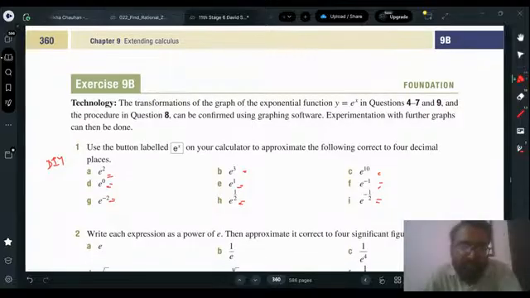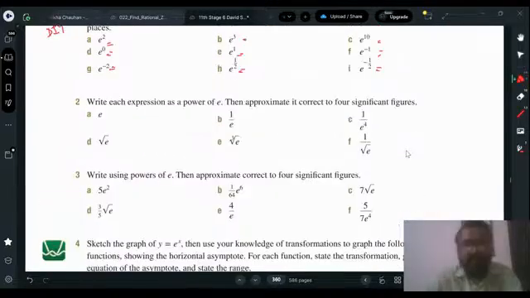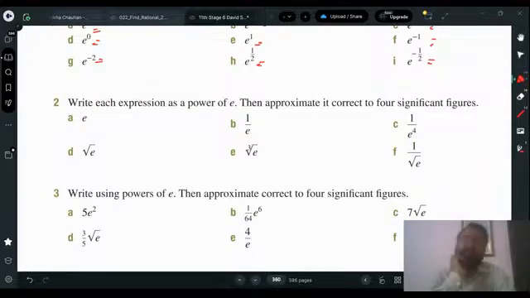And each expression has a power of e. So what is 1 by e? How can we write it as a power of e? e power minus 1. What about the next one? Minus half.